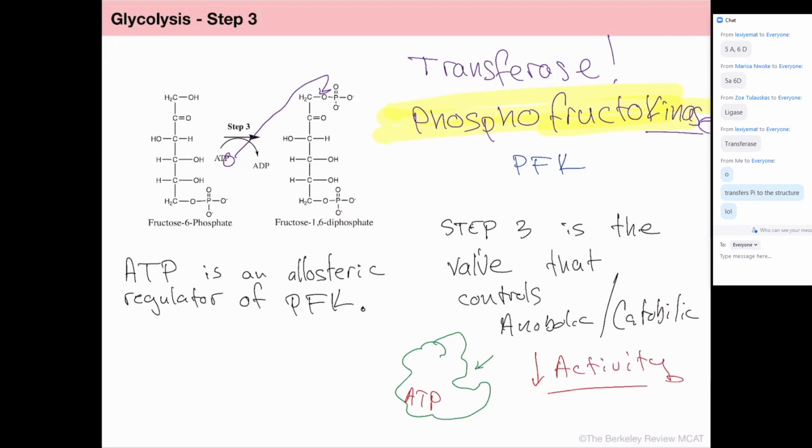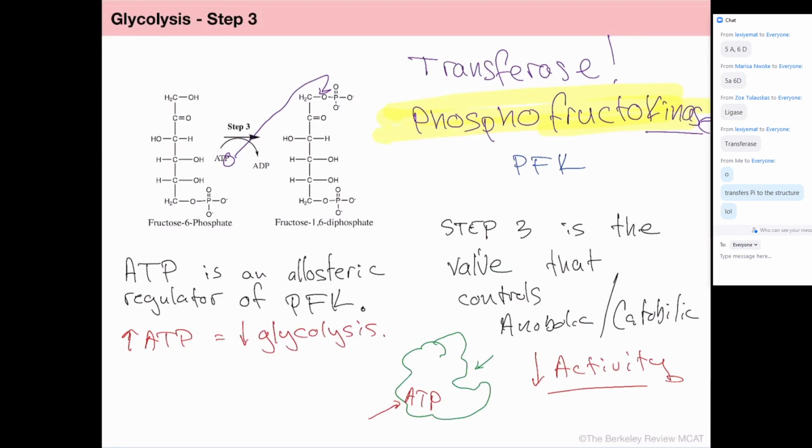So when the cells have high energy, high ATP, we don't need to do glycolysis. We've got all the energy we need. We need to go store it. That equals lower glycolysis.